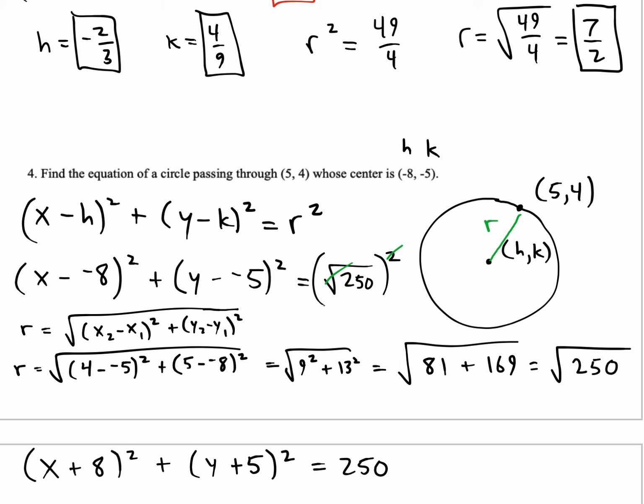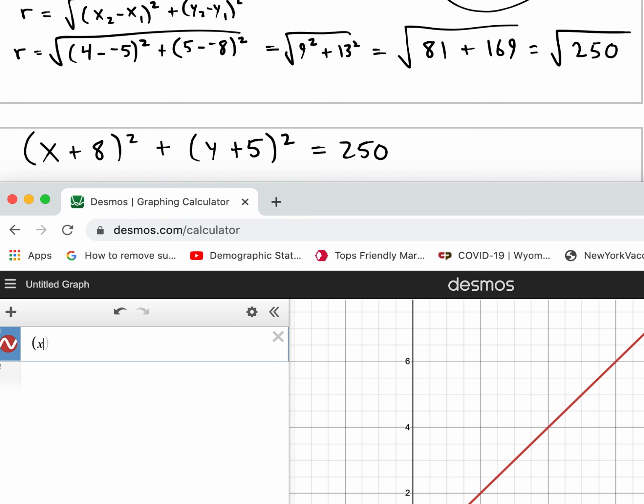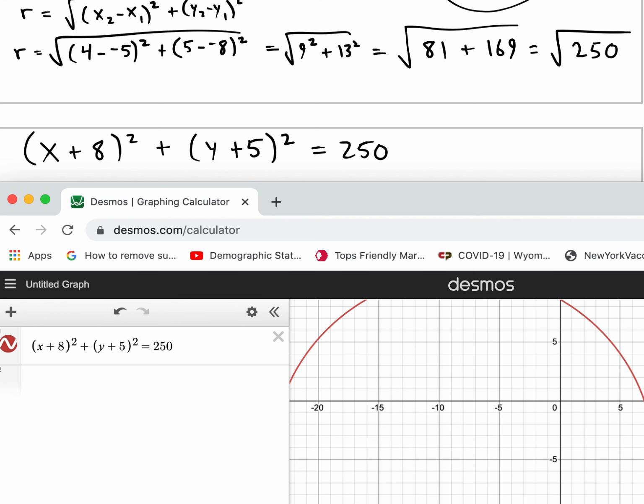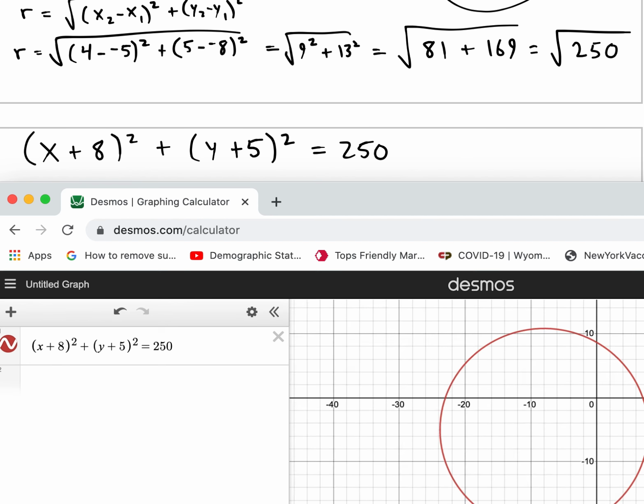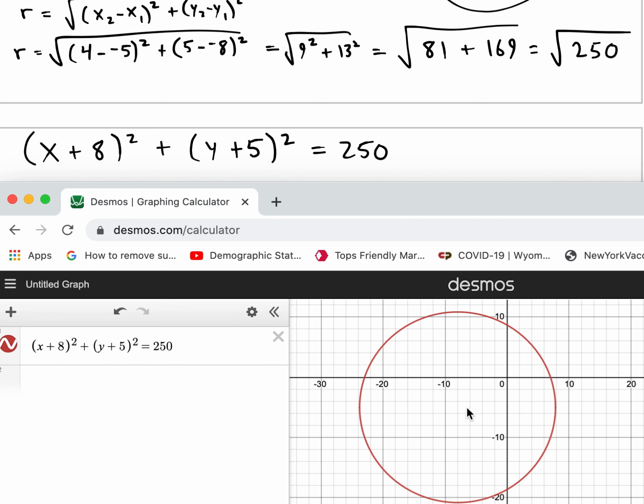We can just verify with a graphing program if the circle that we've described here really does go through the points that they said. It should have a center at (-8, -5), and it should touch the point (5, 4). Let's see if that's true. Okay, it looks like this circle does likely have a center at -8, which would be here, -5.